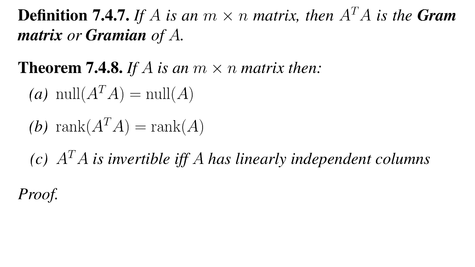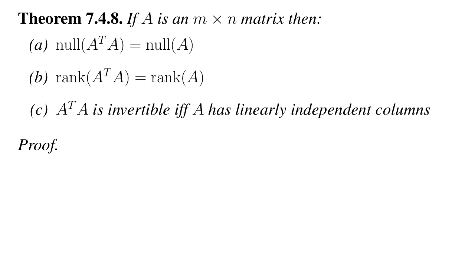It's called the Gramian. If you take any matrix A, you can consider its Gramian, and that thing is just A transpose A. It's a square matrix. If A is m by n, then A transpose A is n by n. It's going to be symmetric. It's kind of a nice matrix.